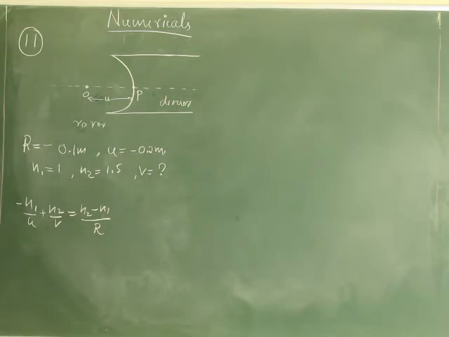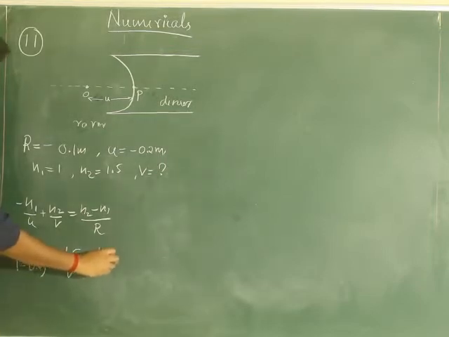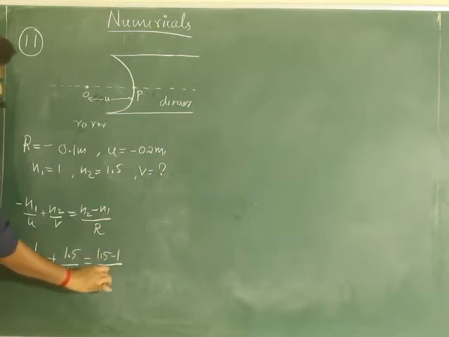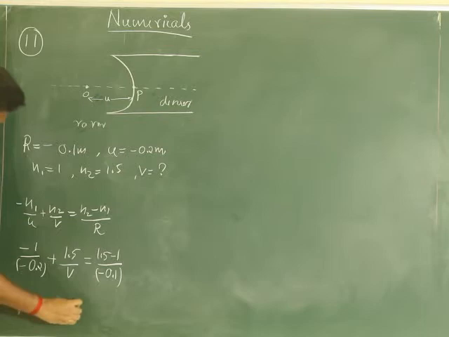Once you start applying the data here, what you get is minus 1 by u, that is minus of minus 0.2, plus n2 is 1.5 by v, which we don't know, we are supposed to find out, equal to n2 minus n1, that is 1.5 minus 1, divided by r, which is minus 0.1. So finally do the substitution and you are supposed to get v equal to minus 0.15 meter.